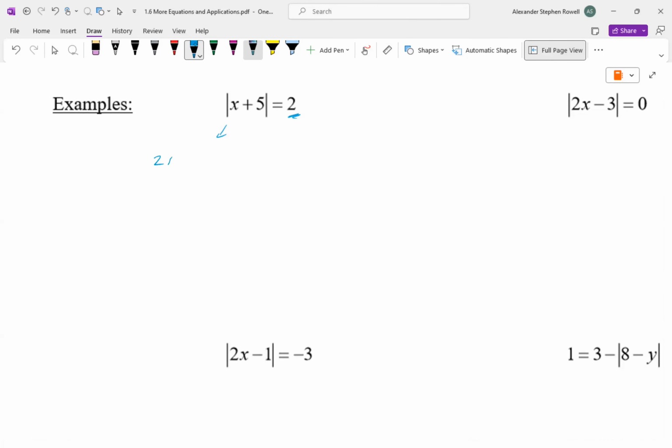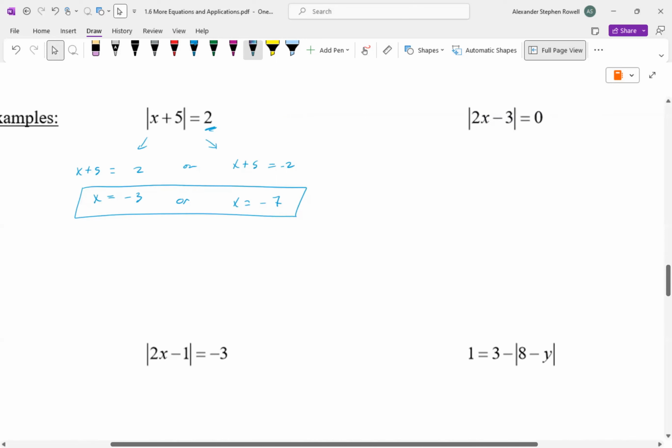Two solutions, either x plus 5 is equal to 2, or x plus 5 is equal to negative 2. In either case, you take the absolute value and it becomes 2. Then we subtract 5 from both sides. X is equal to negative 3 or x is equal to negative 7. We do not have to check. If the logic follows, then these are right.